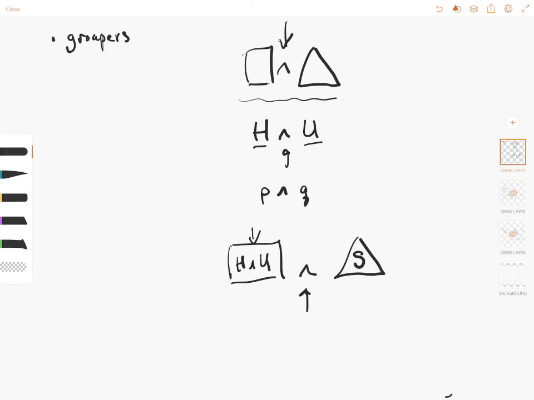But this is a perfectly reasonable proposition in terms of its logical form, because the box on the left side of this operator has a proposition in it, and the triangle on the right-hand side of this expression has a proposition in it. This happens to be a molecular proposition, and this is an atomic proposition.